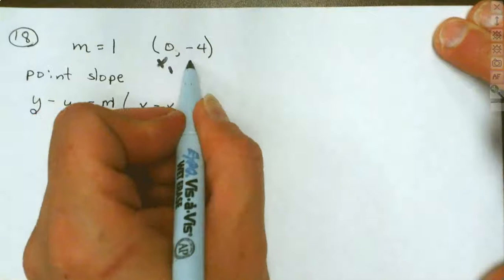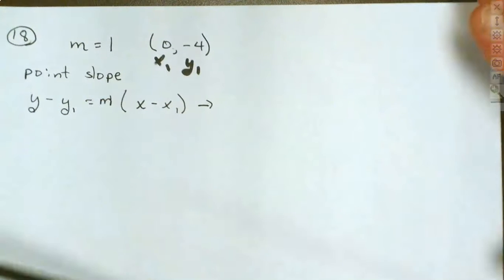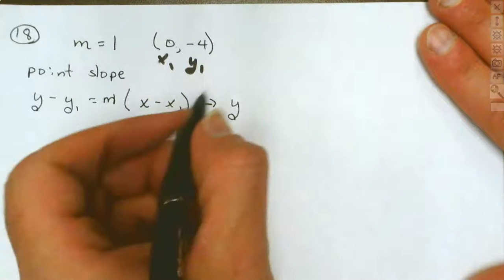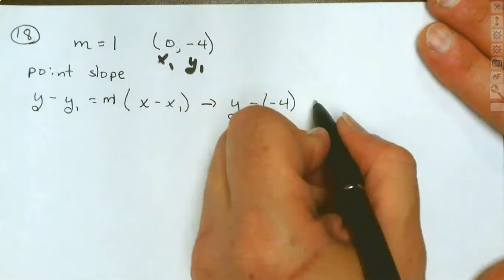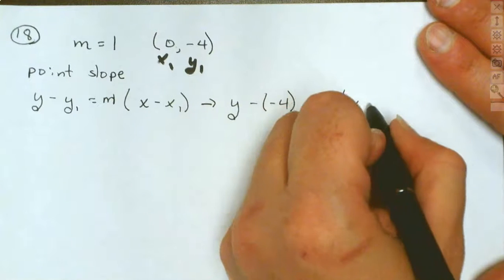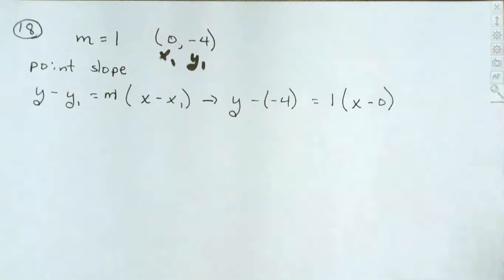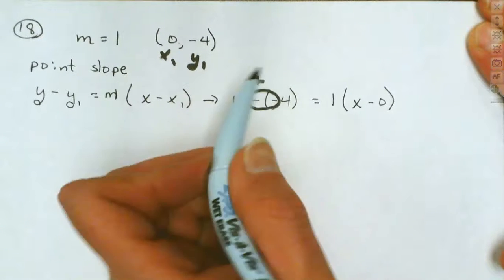This is your x and this is your y here. X1, y1. So plugging them in, we get y minus a negative 4 equals 1 times x minus 0. The double negative makes that positive again.